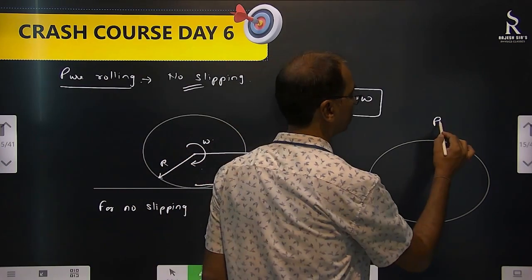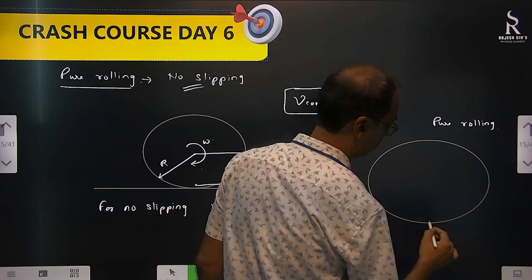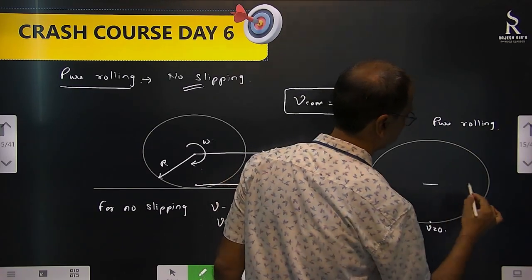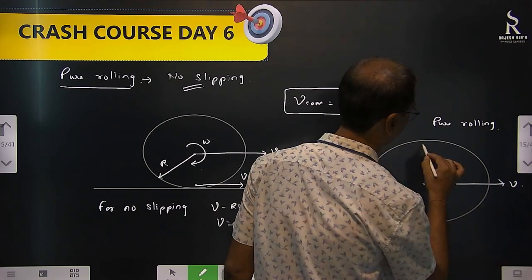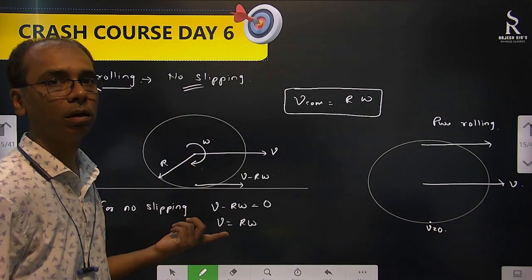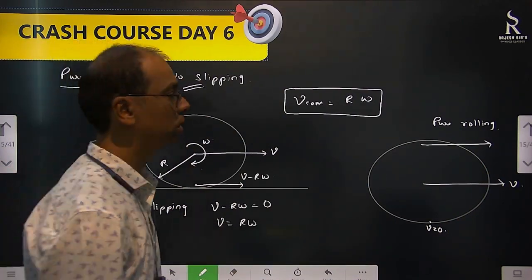Its velocity here is 0. Center point V. Topmost point, what was the velocity? V plus R omega. But you already said that V equals R omega. V plus R omega becomes 2V.